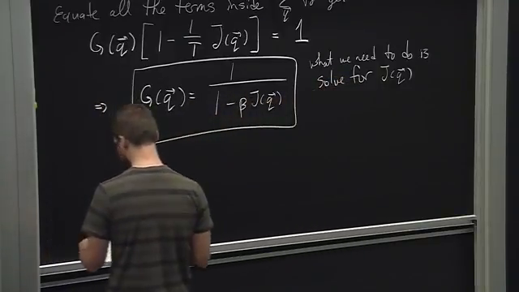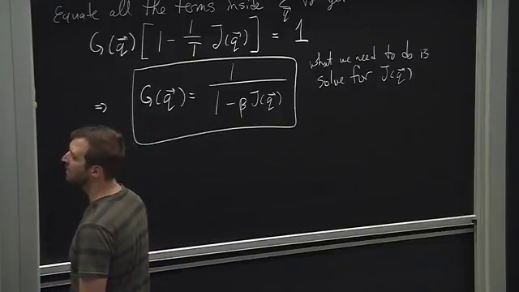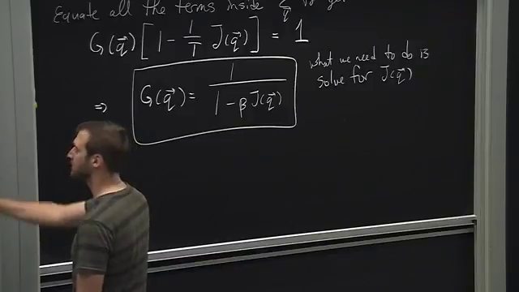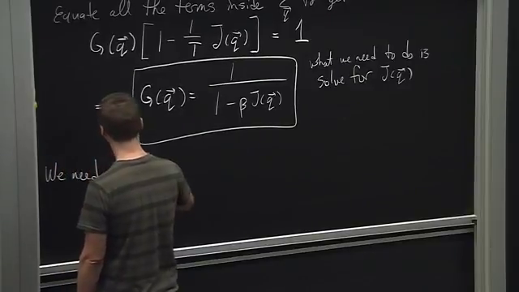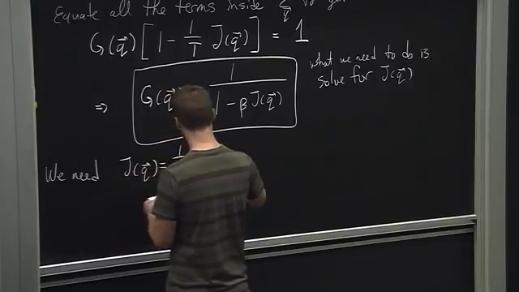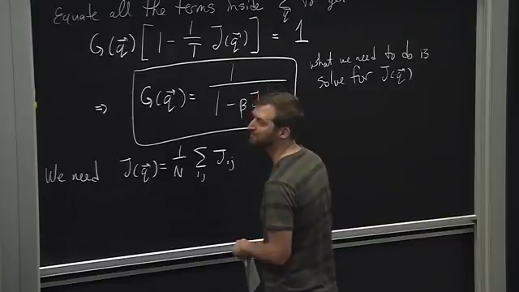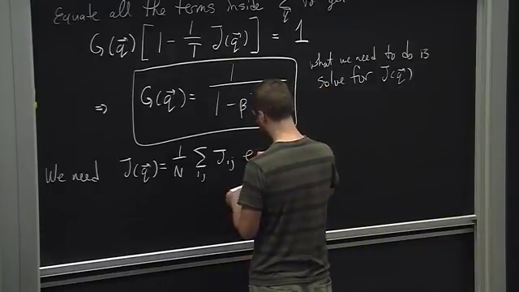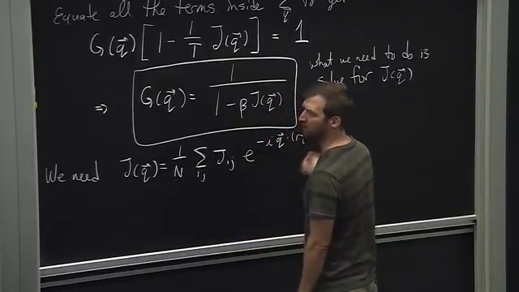So we need, what is this, J of Q, where have I defined it? Well, we can define a Fourier inverse. Jij, e to the minus iq Ri minus Rj.